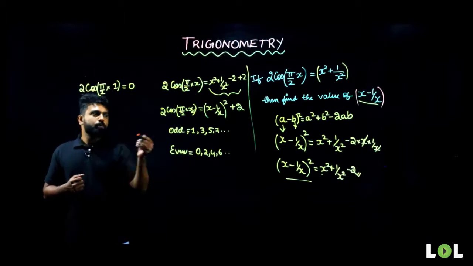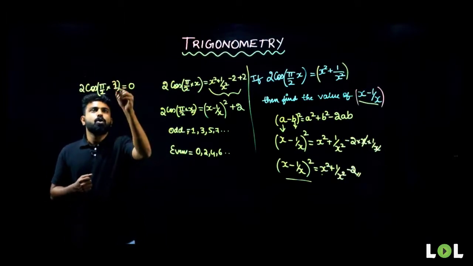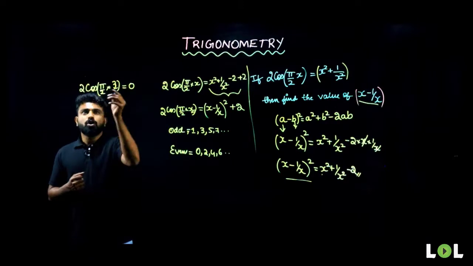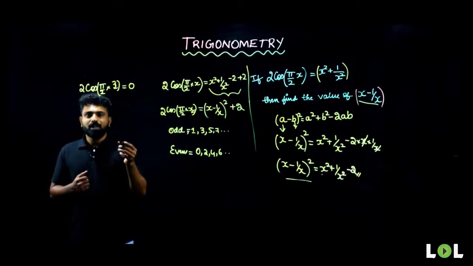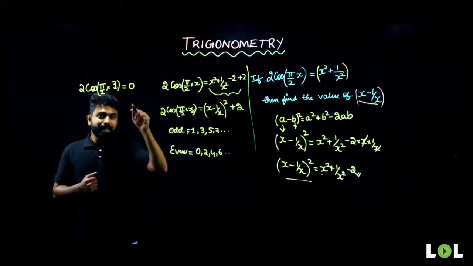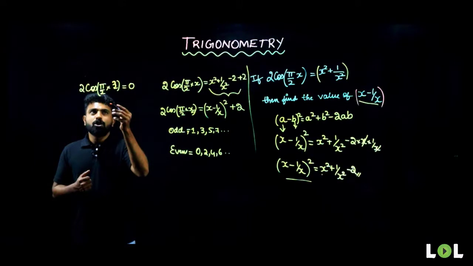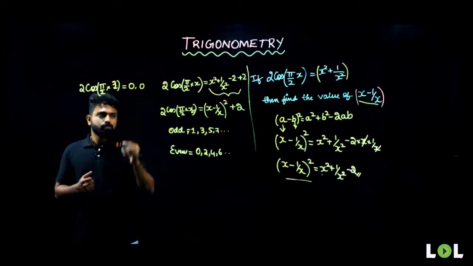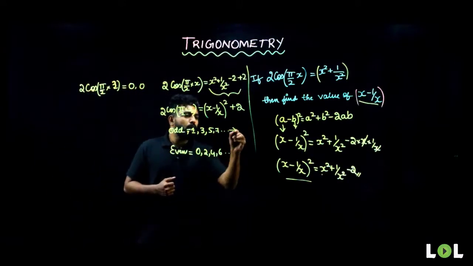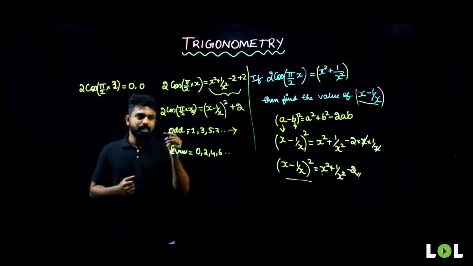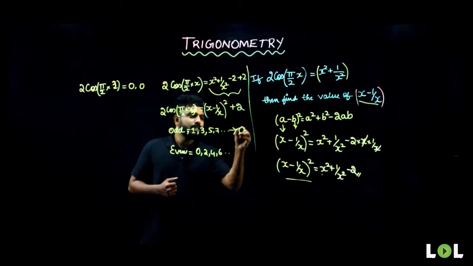Similarly, if I substitute my next odd number, that is 3, cos of 3 pi by 2. 3 pi by 2 is 270 degrees. In my previous class, we had seen the graph, and for 3 pi by 2, cos was once again 0. So, no matter what odd values x takes, the value of cos will be 0.